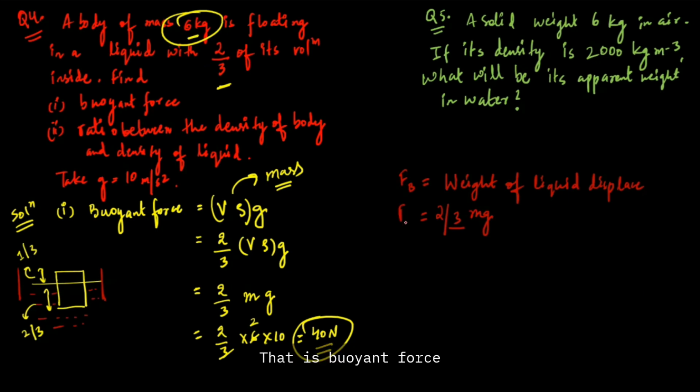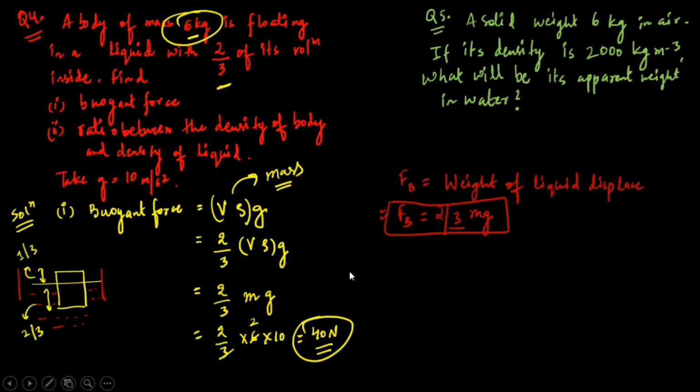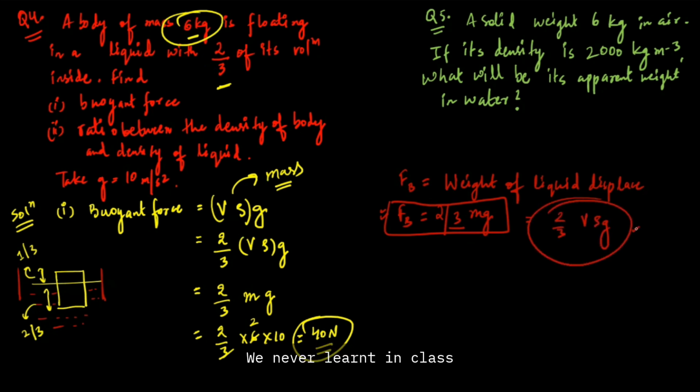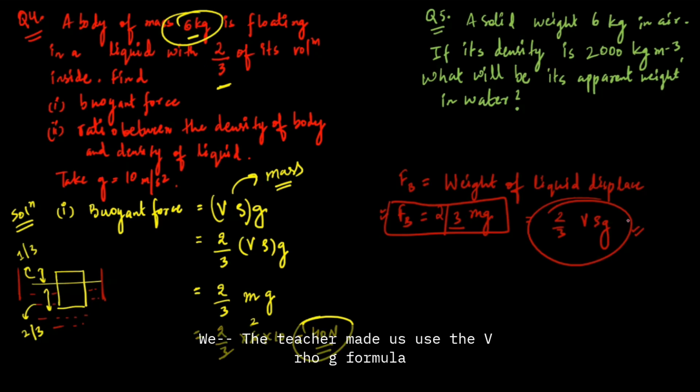That is buoyant force. In place of mass, this is also V rho g only, 2 by 3 V rho g. That's it. We never learned in class that it's the weight of liquid displaced. The teacher made us use the V rho g formula.